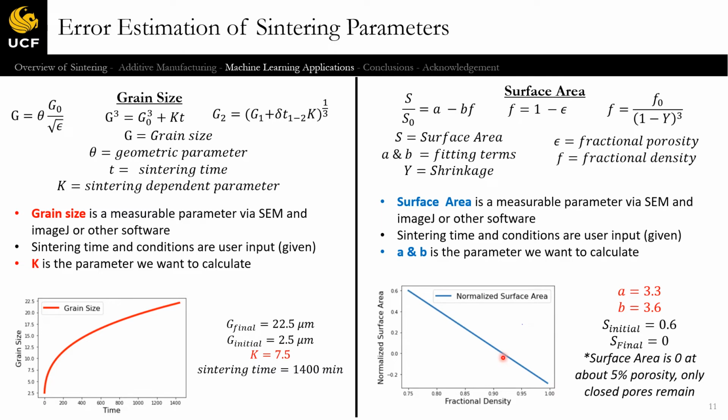And then it's unable to predict that final 5 to 10% of shrinkage, because it will go negative, which is impossible. You can't have a negative surface area. So surface area is only a good prediction of sintering up to either 90 to 95% of fractional density.